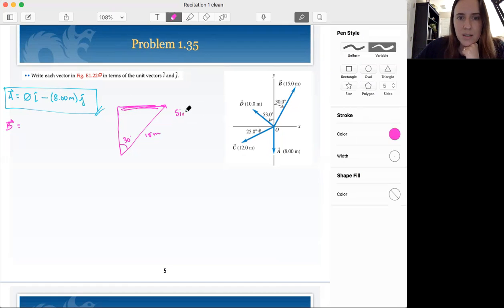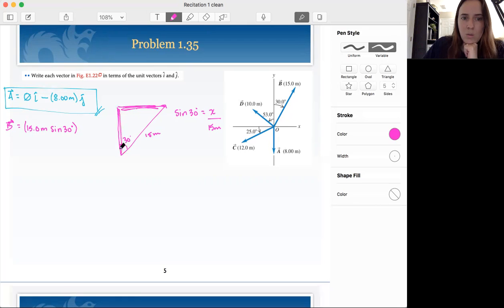So sine of 30 degrees is the x component over the hypotenuse, our 15 meters. So our x component is going to be 15 meters times the sine of 30 degrees. Cool, cool.